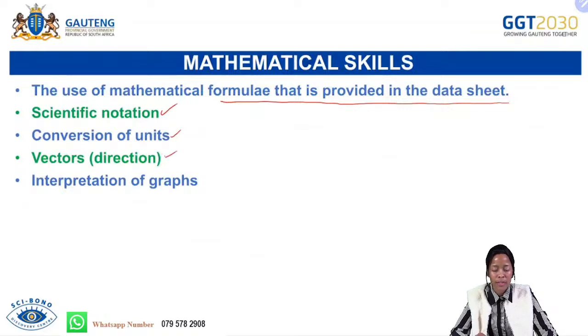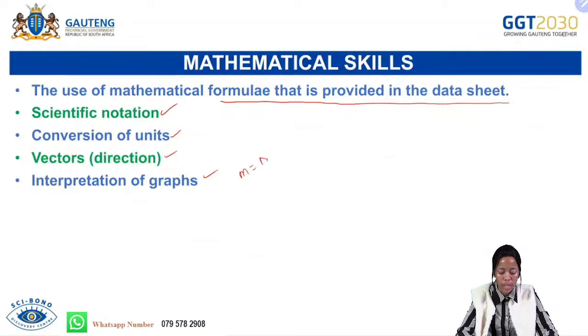Then we have vectors. Remember, we said if we have a vector, then we're going to give direction. But if it's a scalar, then there's no direction. Then again, make sure that you are able to interpret the graphs. Remember, with the graphs, we said that if you divide the y-axis with the x-axis, then what is it that you are calculating?